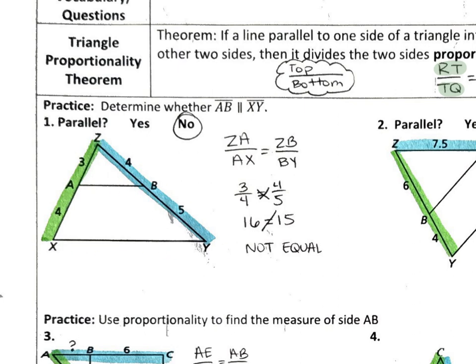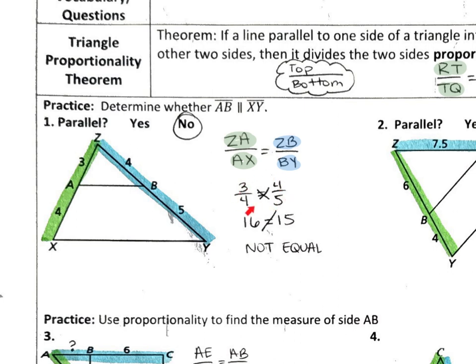So we set up our proportions, green over green equal to blue over blue, and we solve. Now, there's not anything to actually solve because I filled in all numbers for both the greens and both the blues. The ZA part is 3, the AX part is 4, ZB is 4, and BY is 5.